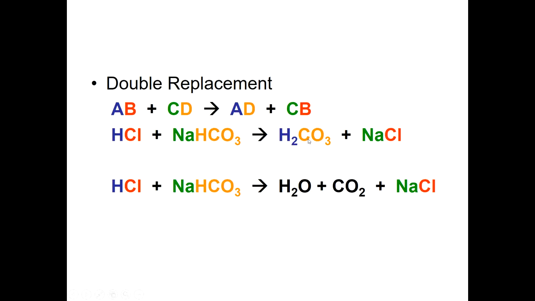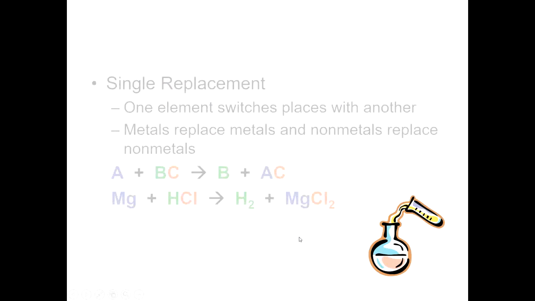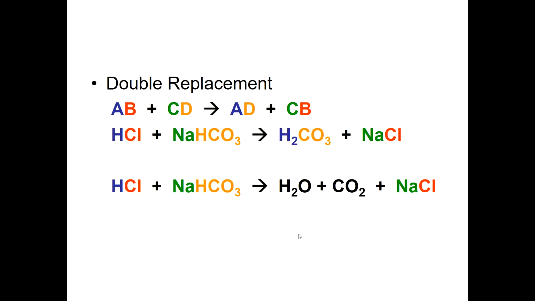Carbonic acid, as you saw a couple slides ago, immediately decomposes into water and carbon dioxide. So, back to where we were, the products of that reaction are all harmless. You have water, carbon dioxide, and then salt.